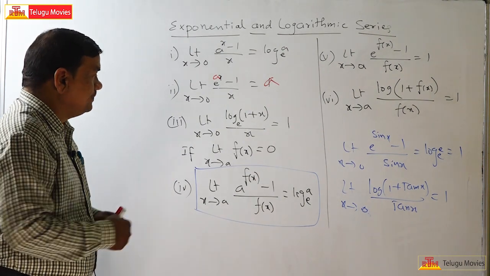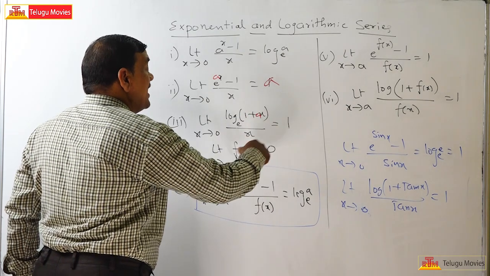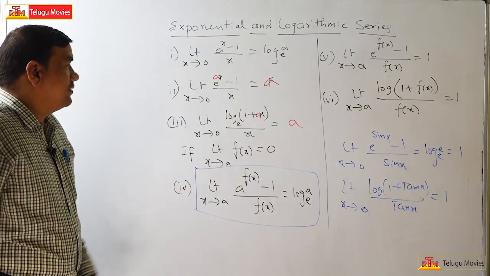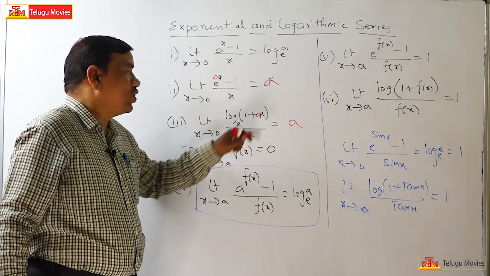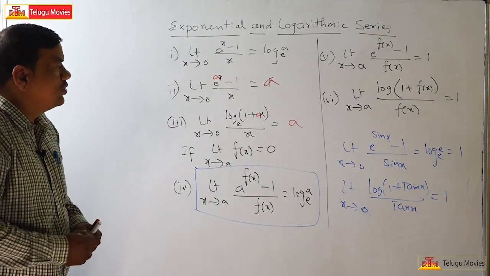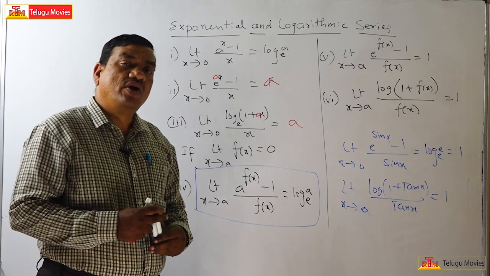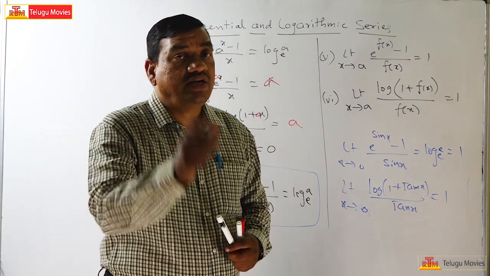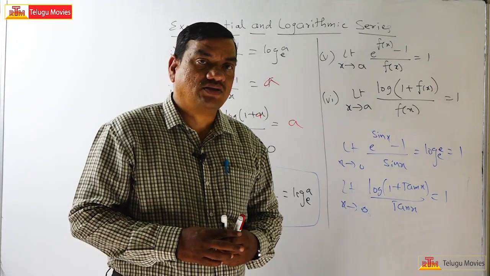Here also, if it is log(1 + ax)/x, then the coefficient of x is a, so you will get a. Such a very nice formula. Basing on these formulas, we have a good number of problems which are very useful for your JEE Mains examinations. Let us see those problems.